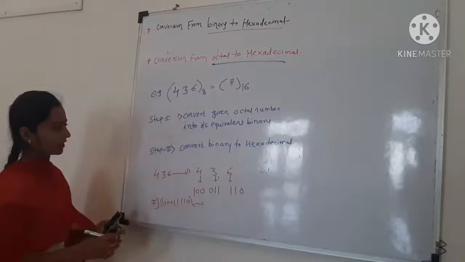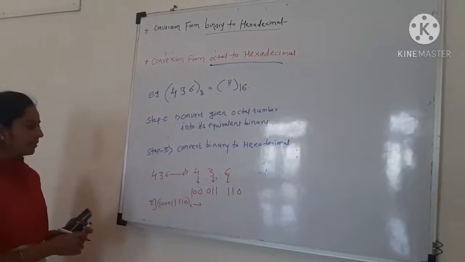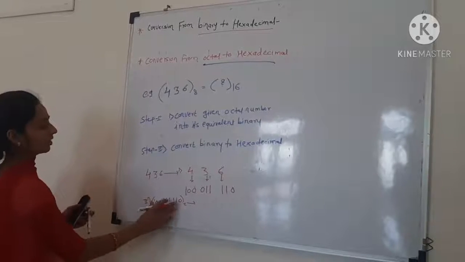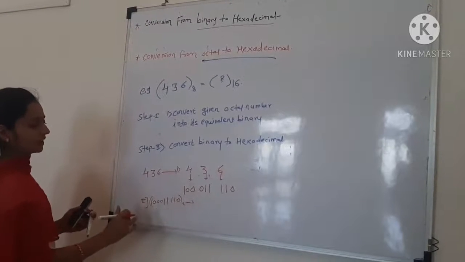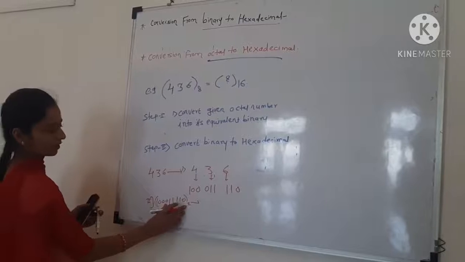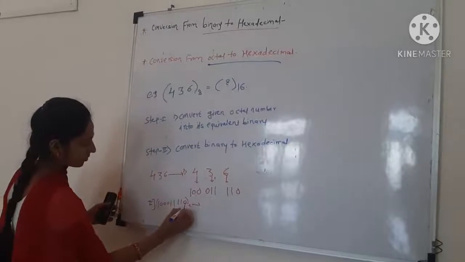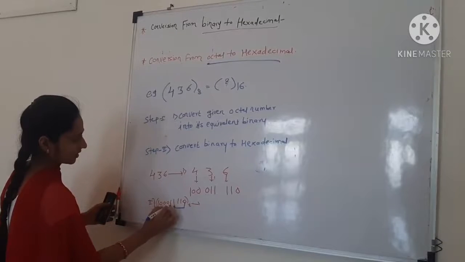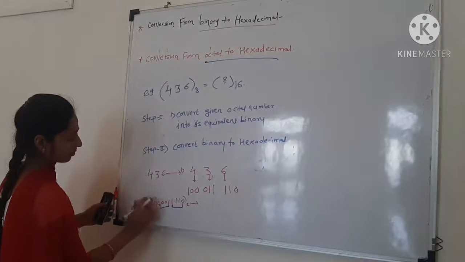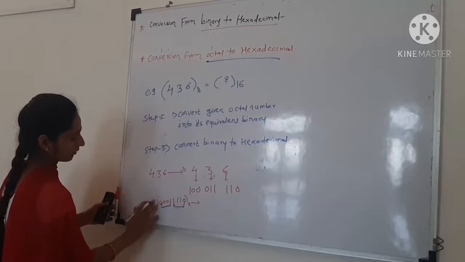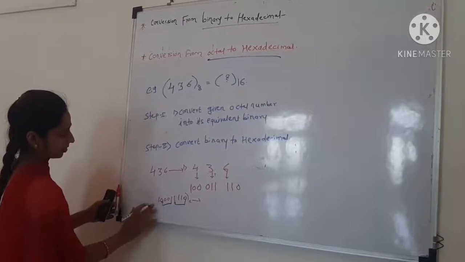So we have to convert it into hexadecimal, by doing the grouping of 4 bits. So this is the first group, this is the second group, and now here only one bit is left.